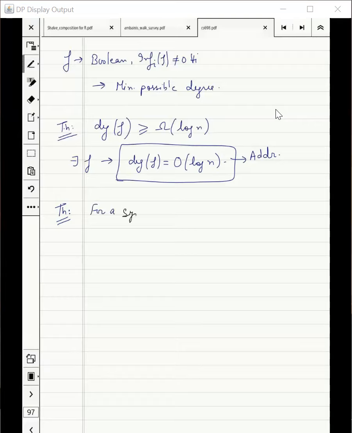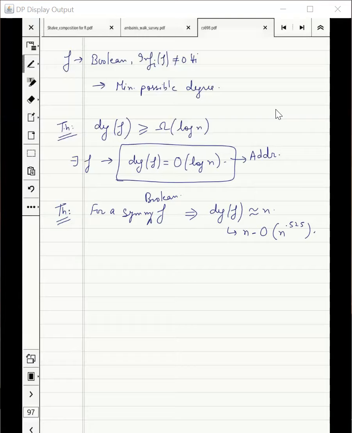For a symmetric Boolean f, if we also say that function is symmetric, not just that its influence is non-zero everywhere, then degree of f is very, very close to n. You know how close to n? N minus n to the 5. But that requires an additional constraint that the function is symmetric.